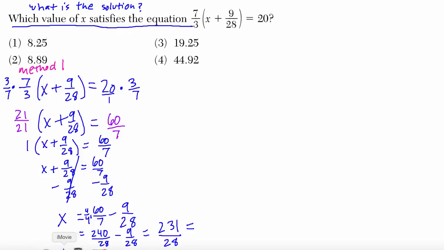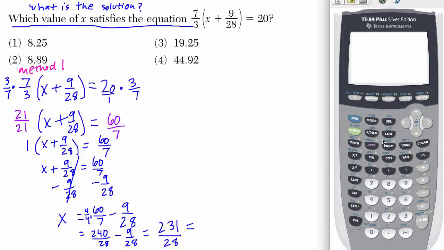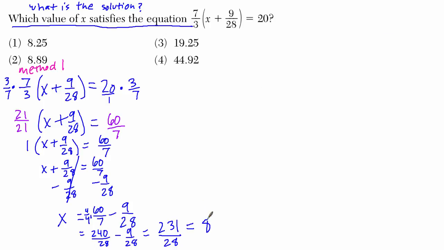So let's pull up our trusty calculator, enter 231 and divide that by 28, and we'll get 8.25. We can see right away that our answer is going to be answer choice number 1.